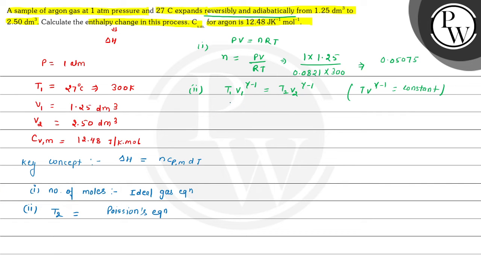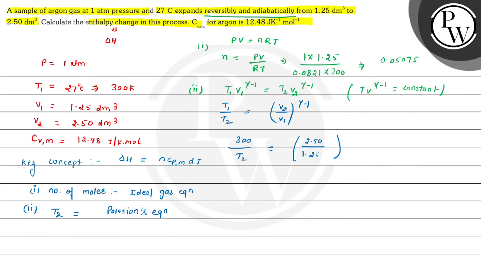We can also write T1 by T2 equals V2 by V1 raised to the power gamma minus 1. So T1 is 300 Kelvin divided by T2, which we have to calculate, equals V2, that is 2.50, upon V1, that is 1.25, raised to the power gamma minus 1.